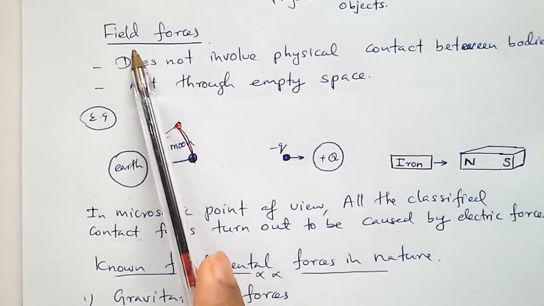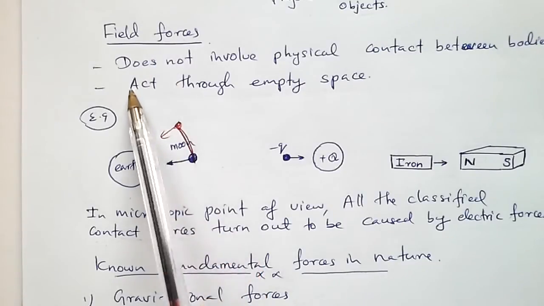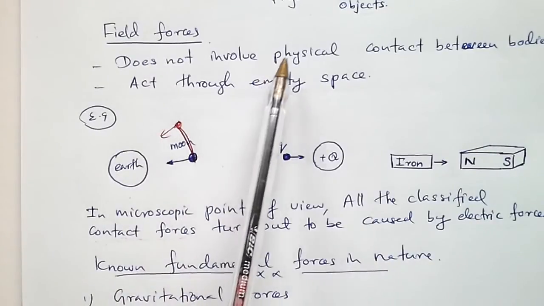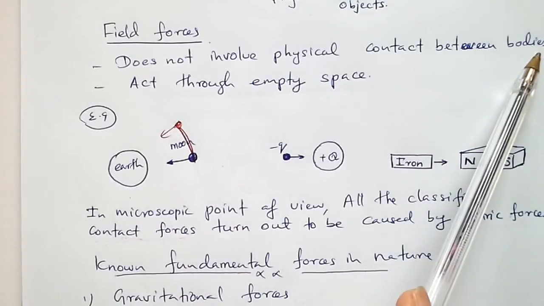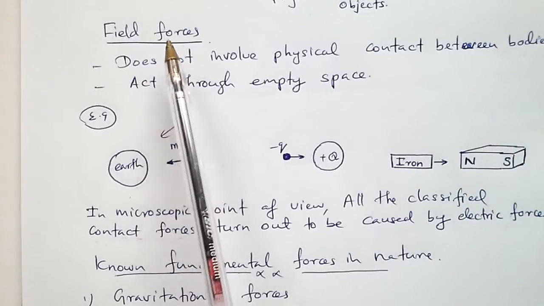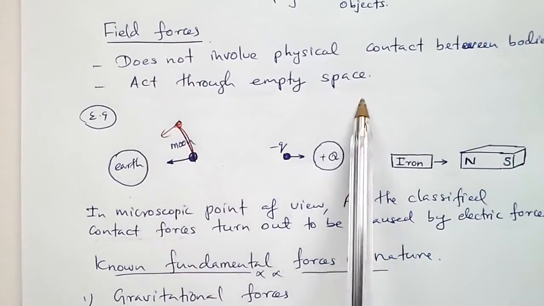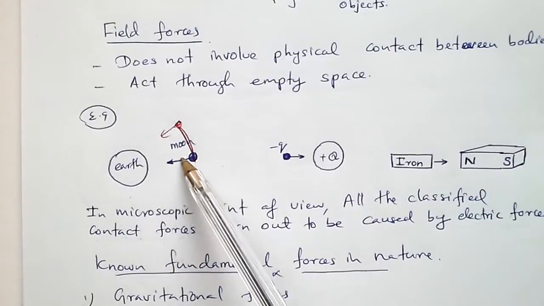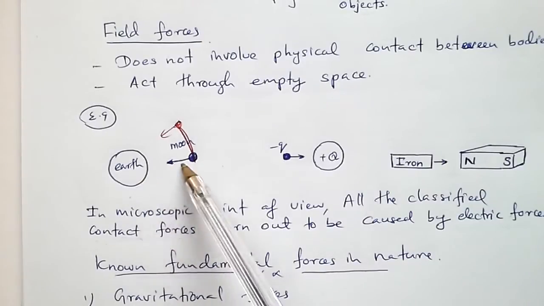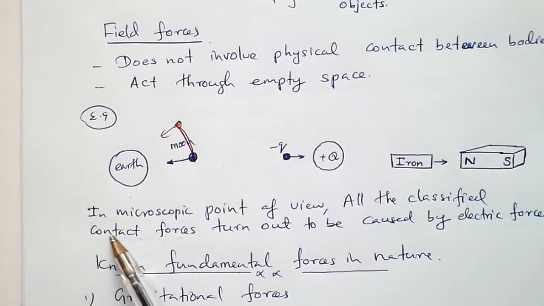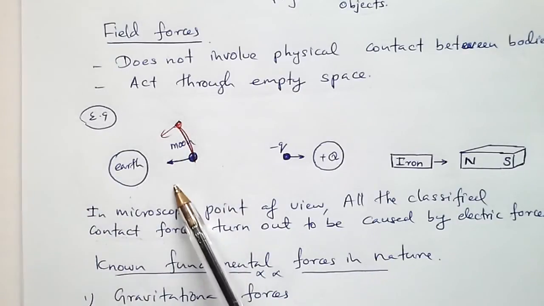And this is our second class, field forces. Field forces do not involve any physical contact between the bodies, and field forces actually act through empty space. Imagine a situation, the Earth-Moon system. The Moon follows a circular trajectory around the Earth.